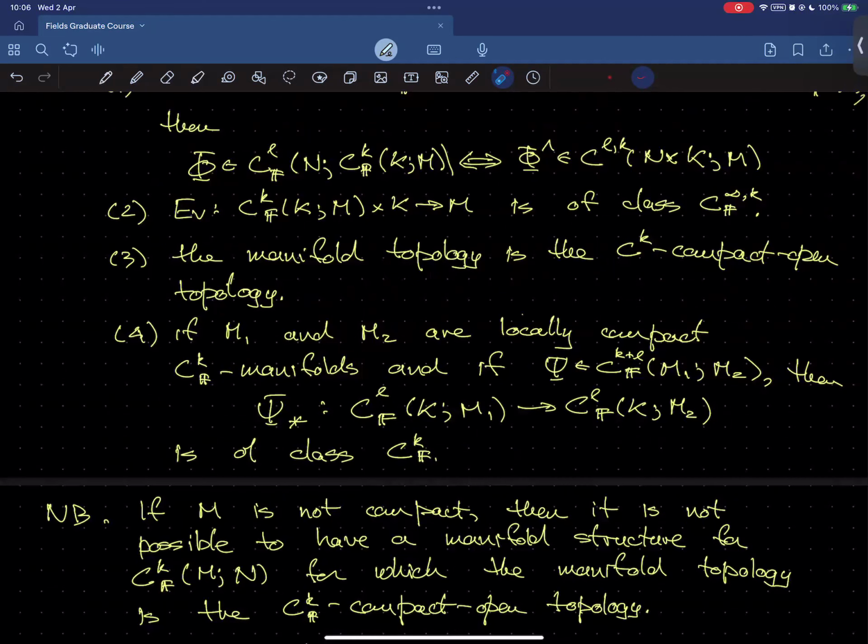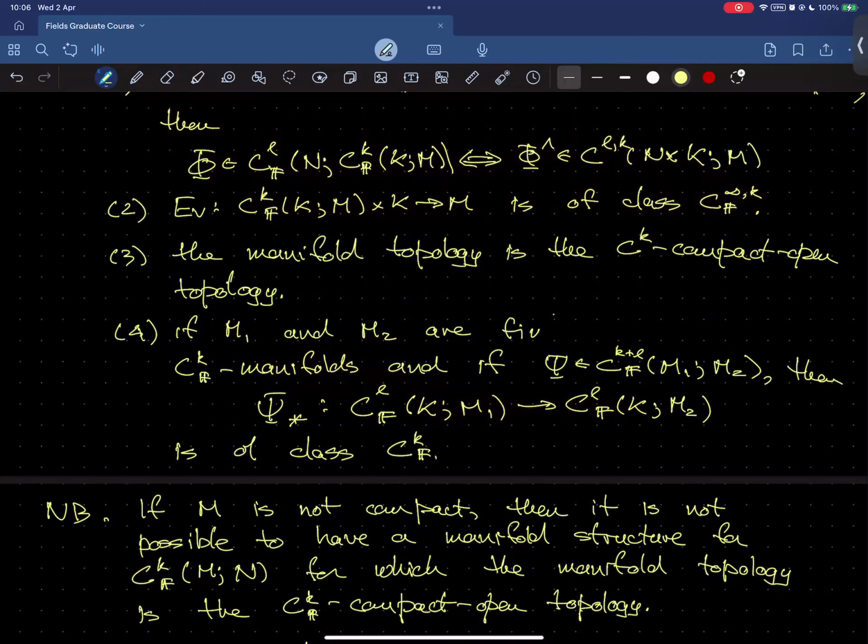Another property is continuity or C^K-ness of this composition mapping. So now I take two locally compact manifolds. That really means finite dimensional. So I'll say finite dimensional. So two finite dimensional manifolds of regularity C^K.